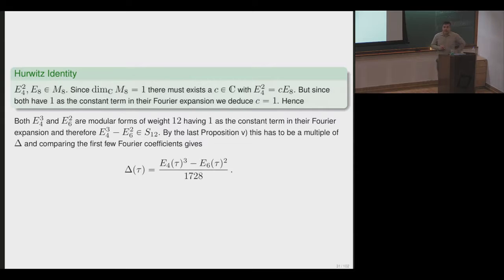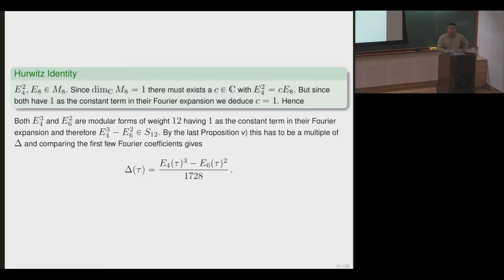Another identity we get just for free is this very nice expression for this delta function. So this delta function, again, is in a one-dimensional space of cusp forms. And we know that E4 cubed minus E6 squared has a vanishing constant Fourier coefficient.